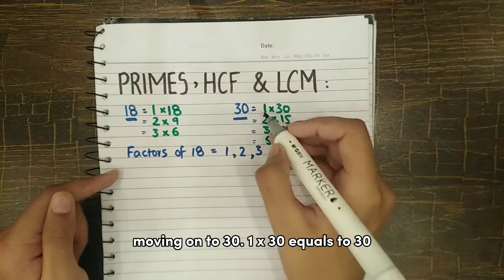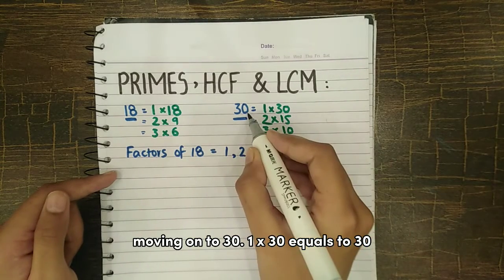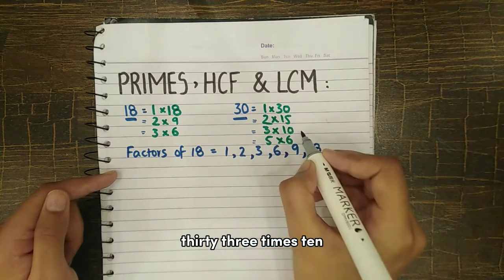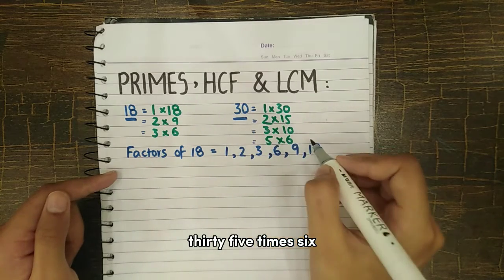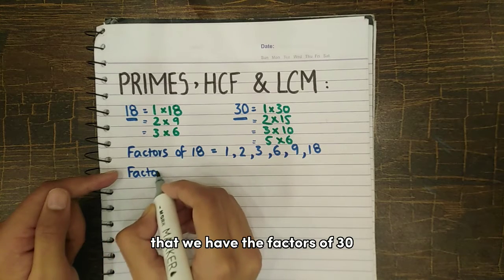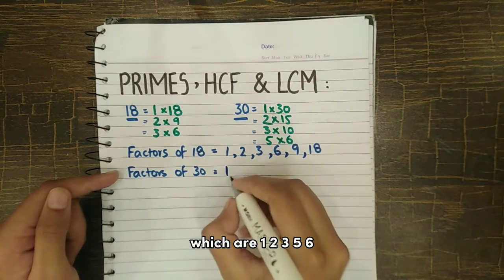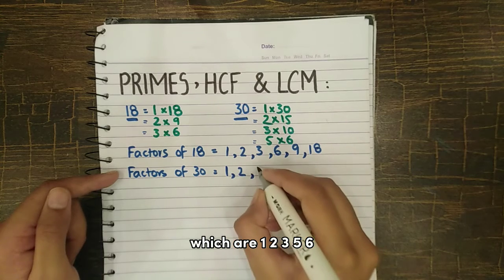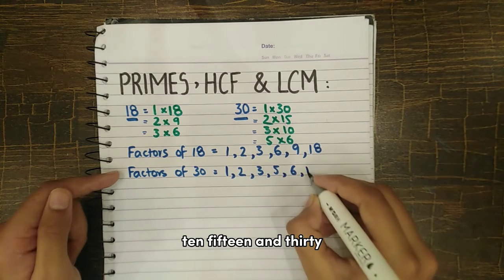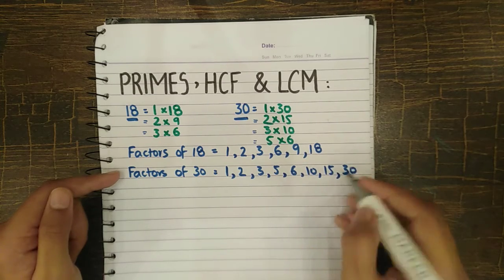Moving on to 30. 1 into 30 equals 30. 2 times 15 is 30. 3 times 10 is 30. 5 times 6 equals 30. So we can write over here that the factors of 30 are 1, 2, 3, 5, 6, 10, 15, and 30.